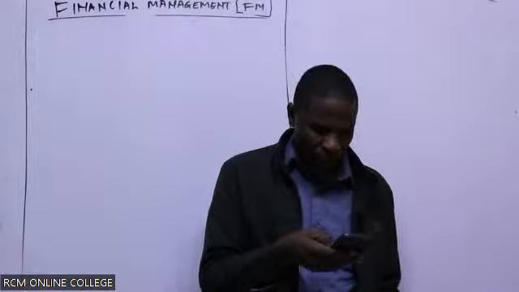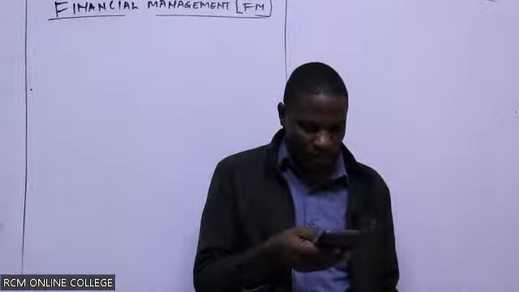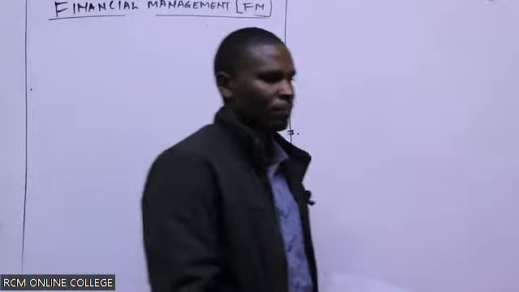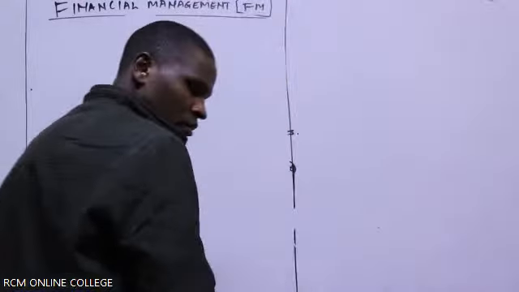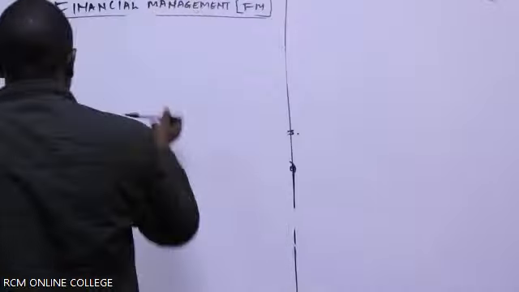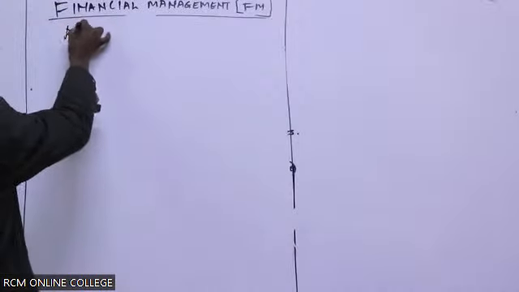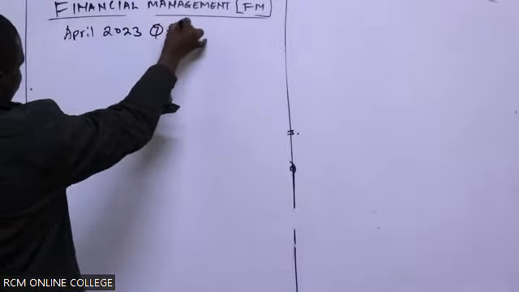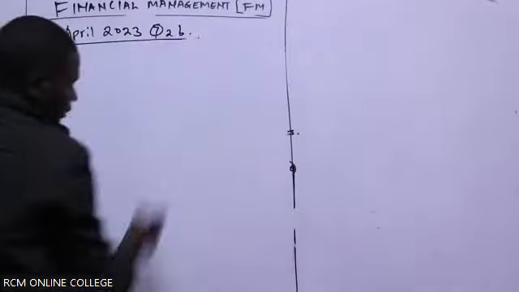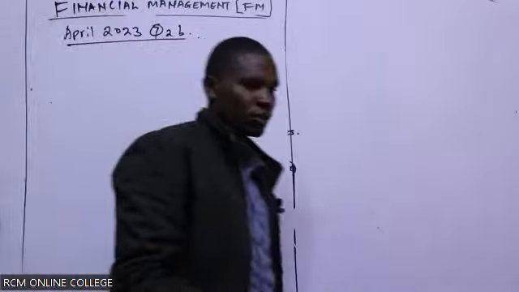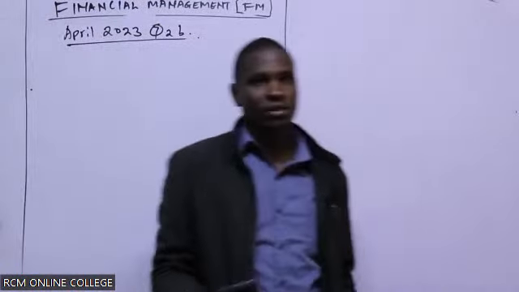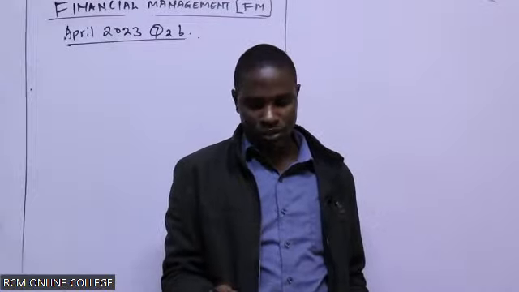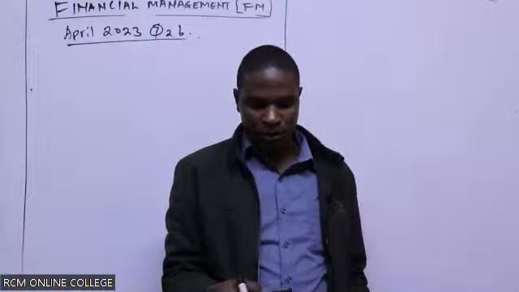Yes, that is right. Now, today I want us to look at question number 2B. That is a very nice question. This is April 2023, question number 2. So the assignment here for the weekend is enough.